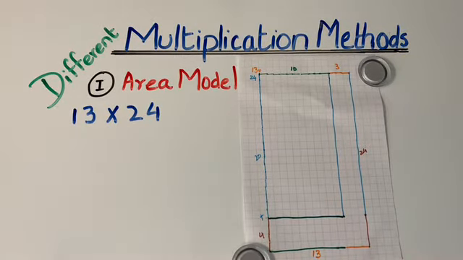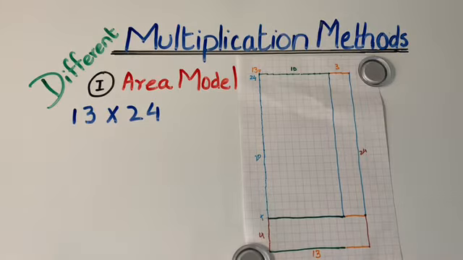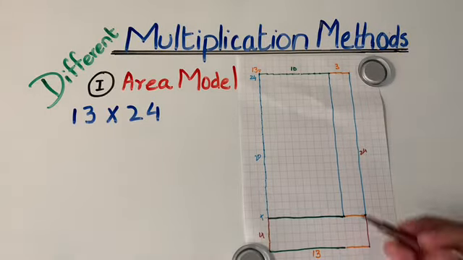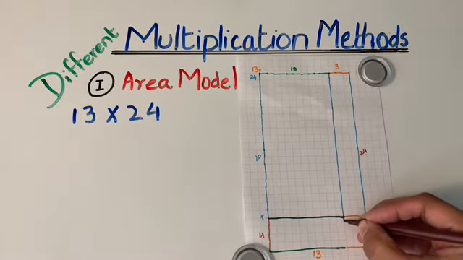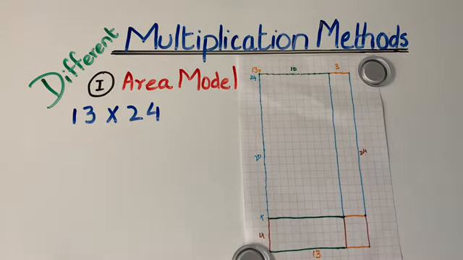Yes, and 3 ones, and there is another section. So the area of this rectangle is in fact the area of all the sections combined. This rectangle has 4 sections.